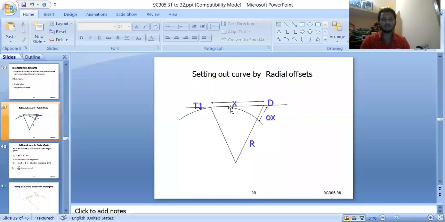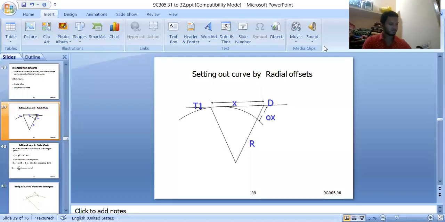Let us say this is a simple circular curve. This diagram represents setting out the curve by radial offsets. T1 is the starting point, R is the radius.